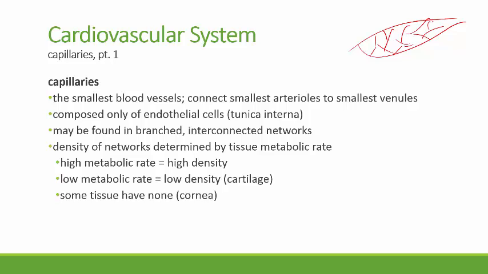The lower the metabolic rate, then the lower the density of the capillary network. And if you recall, we talked about cartilage as having relatively little blood supply. And there are some tissues that have no blood supply at all. Things like the cornea, the clear layer at the anterior surface of the eye.